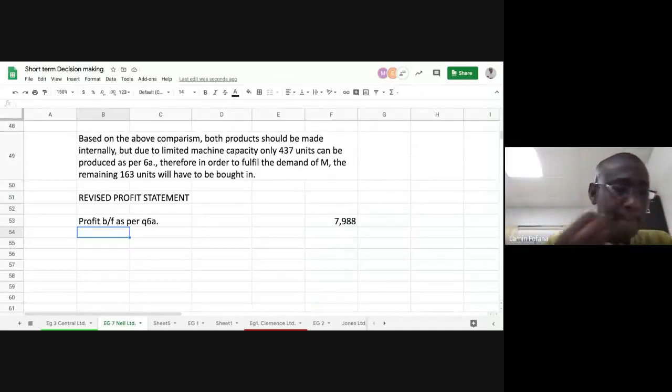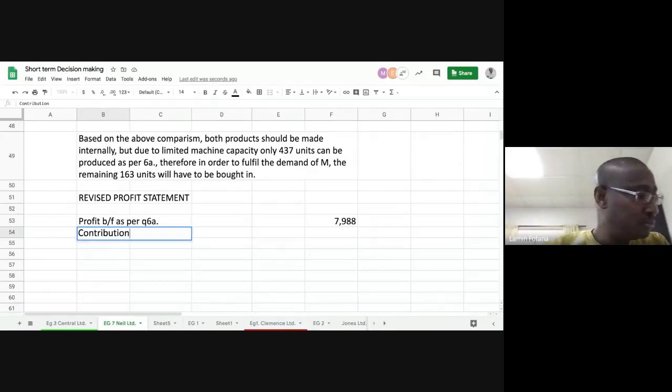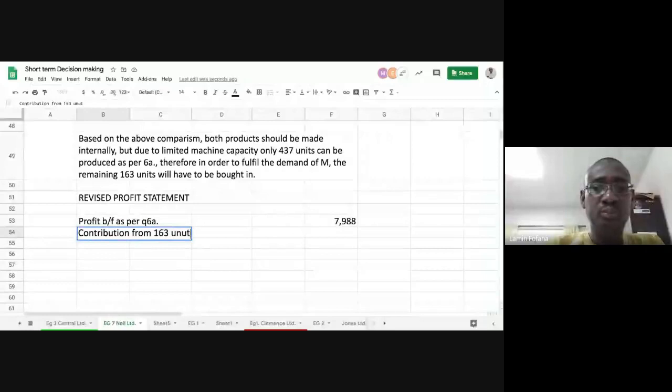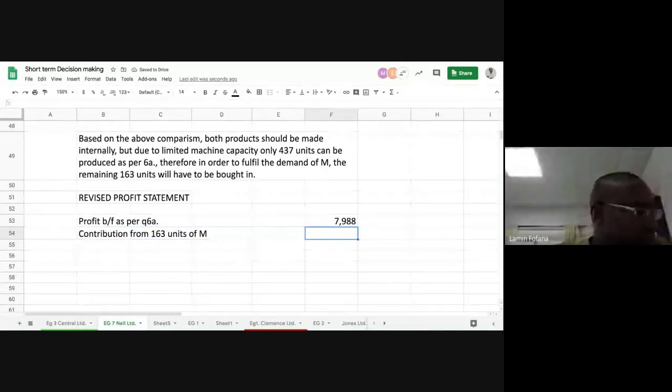Okay, then contribution from 163 units of M, yeah? 163 units of M. Okay, so what will be the contribution for 163 units of M?